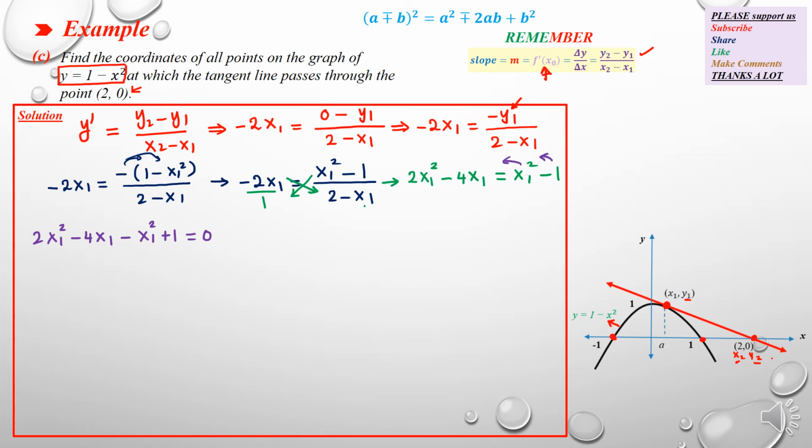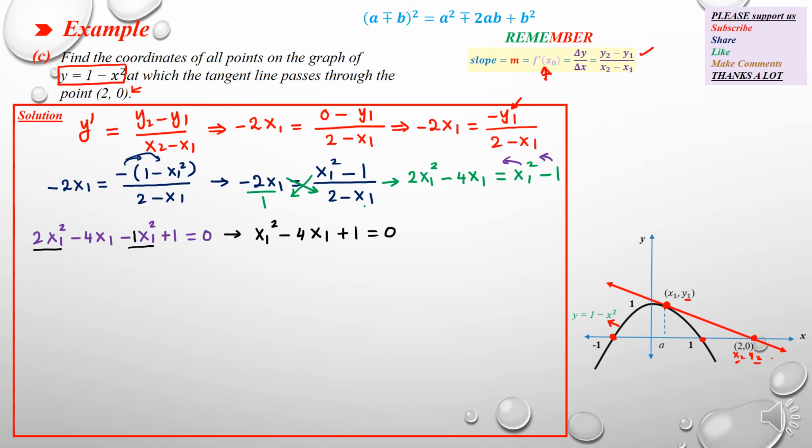Now you have to group the similar terms to add them. So these are the similar terms. 2x1 squared minus x1 squared, which is minus 1. So we have x1 squared minus 4x1 plus 1 equal to 0. Now this quadratic equation is ready to solve.